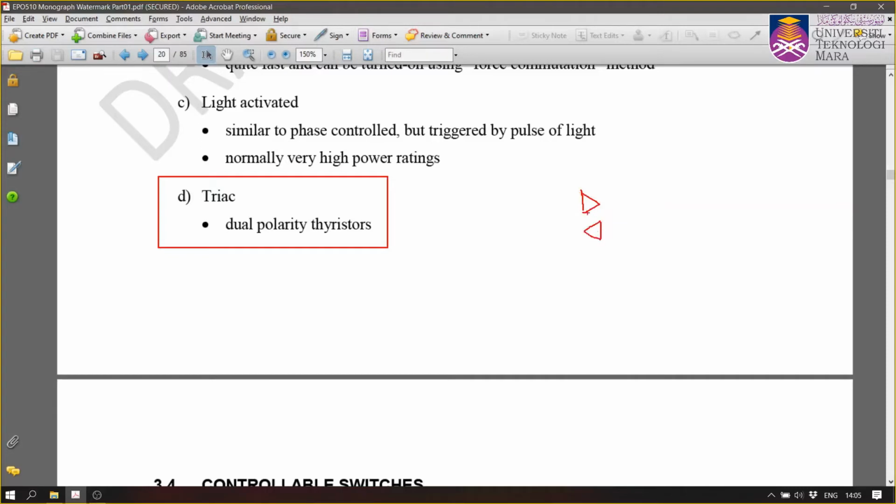It always has two thyristors in it. You apply only one gate signal, and that signal will control both thyristors. So this is known as a triac.